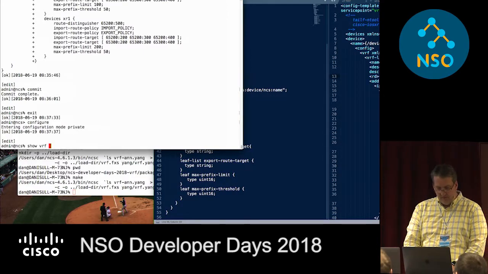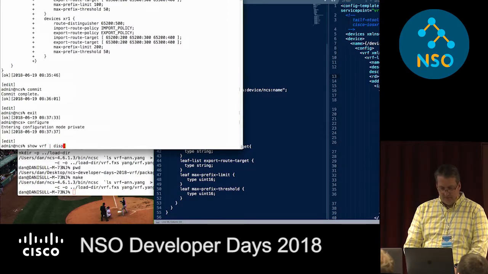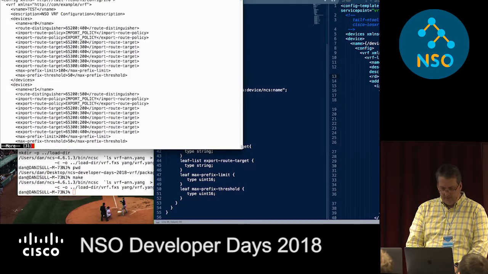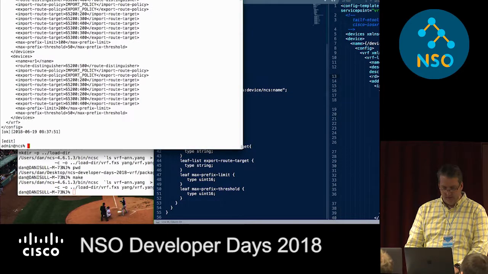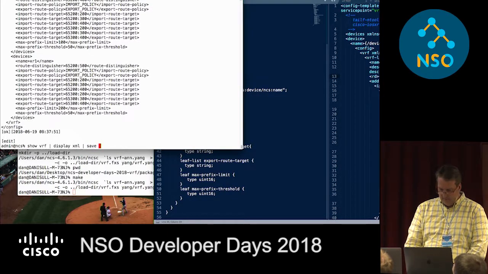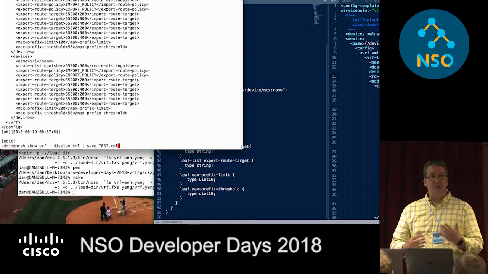I created this verif service and I did show verif display XML like this. Then I did a save and I called it test.xml. And I saved it, and then I can just load merge it in.